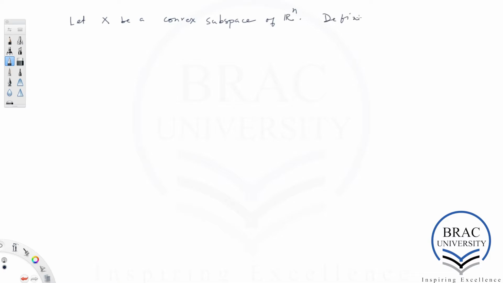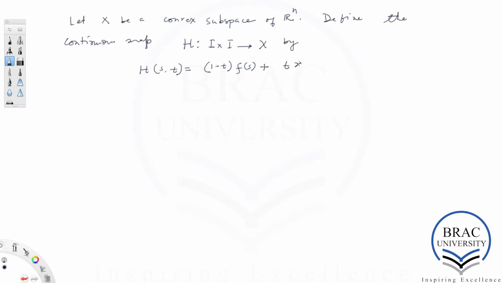Define the continuous map H from I cross I to X in the following way. H(s, t) is equal to (1 minus t) times f(s) plus t times x0, where x0 is the distinguished point of X, like we have demanded earlier.